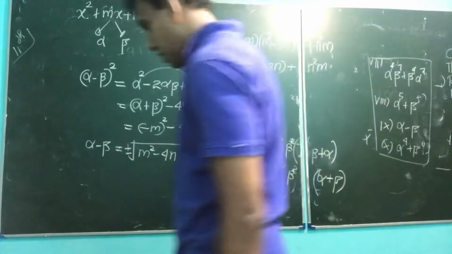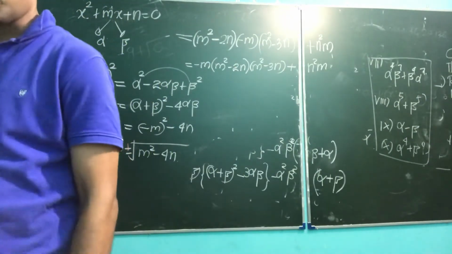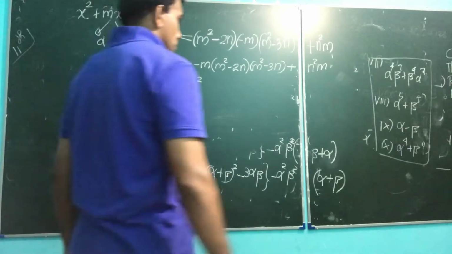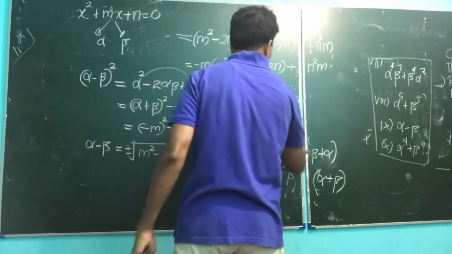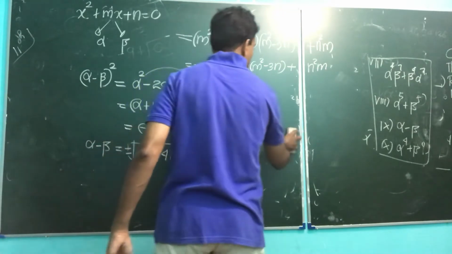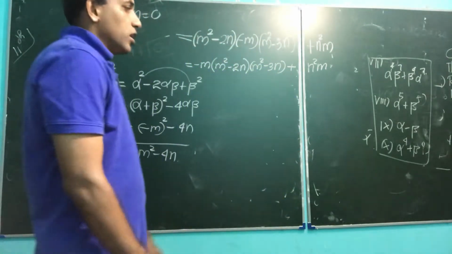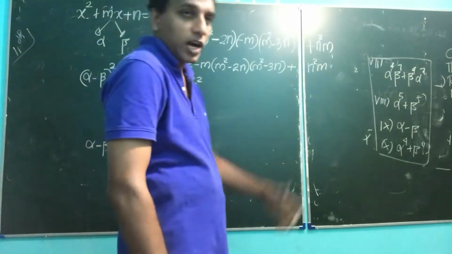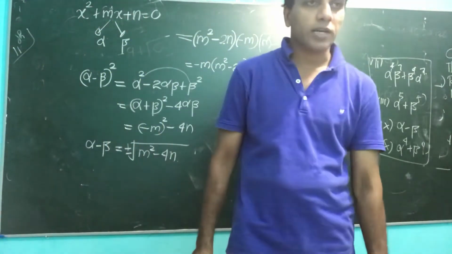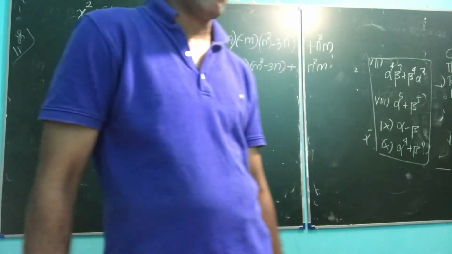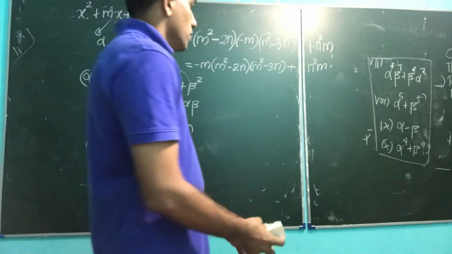Okay, see the next question. Alpha power 4 plus beta power 4, the last problem in this. What is the idea?